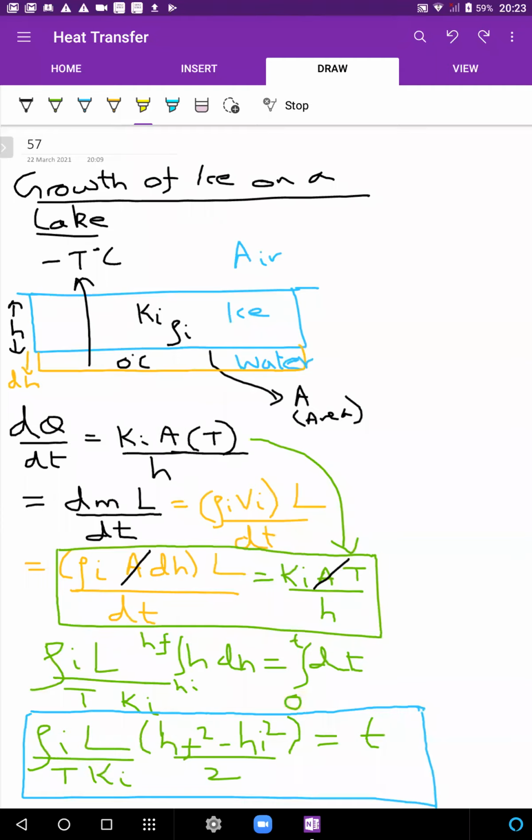I hope you could follow the integration. Rho, L, T, these are all constants. T is, in this, definitely the temperature of the surrounding air will be given to you as a constant. The air temperature is minus 32 degrees. So T is 32. That will be a constant. Okay.